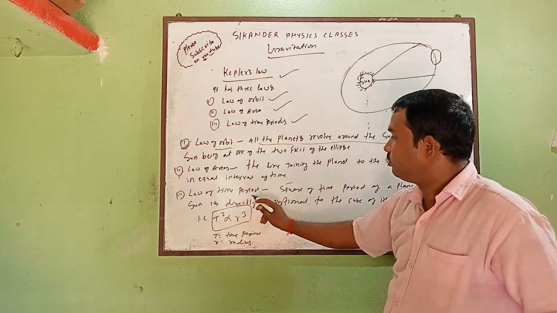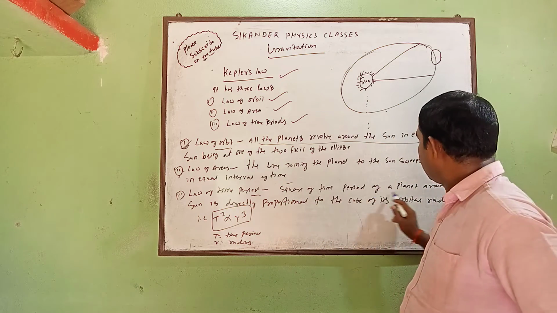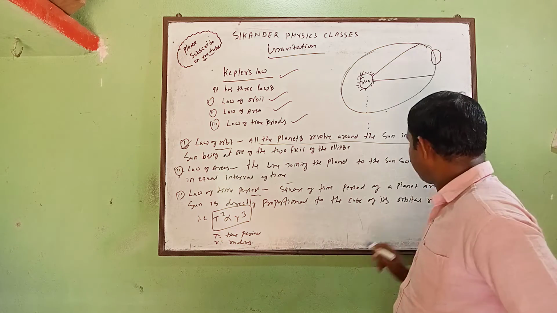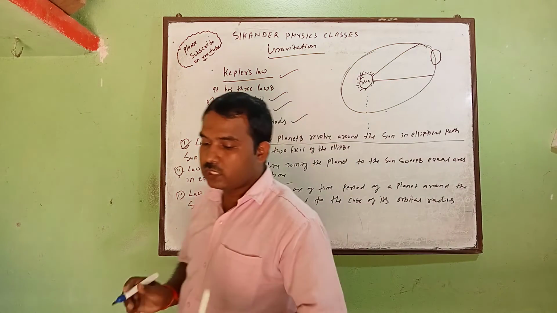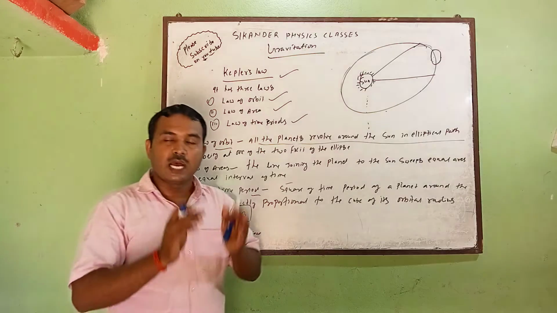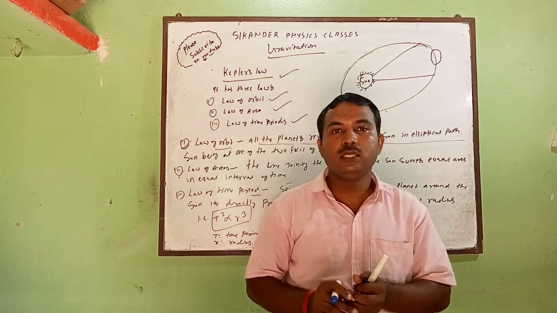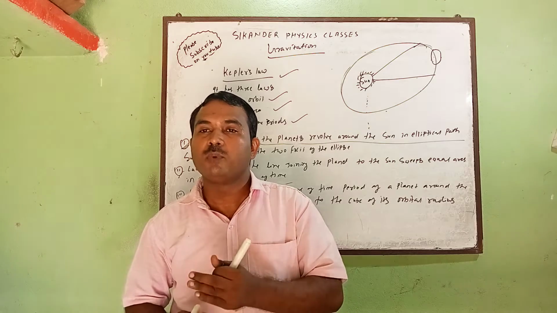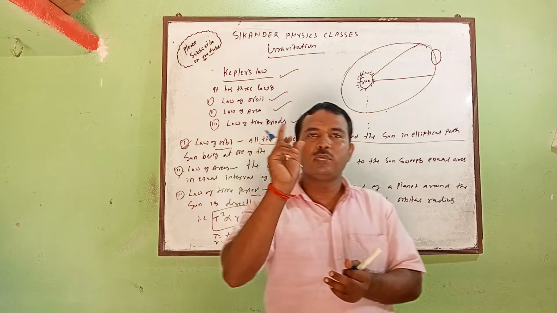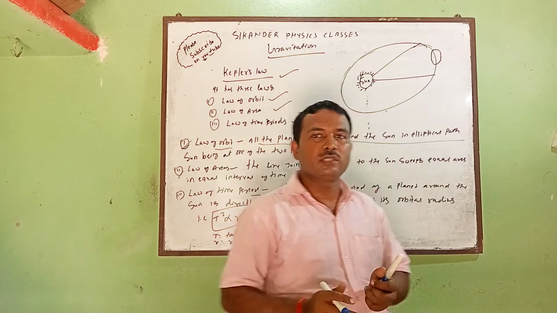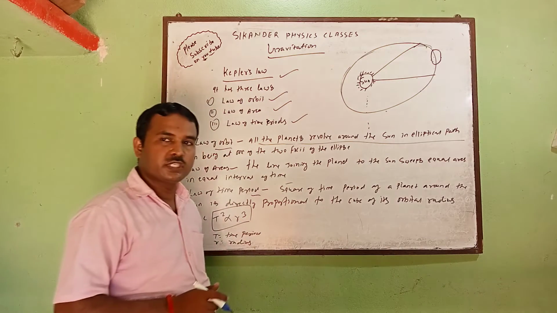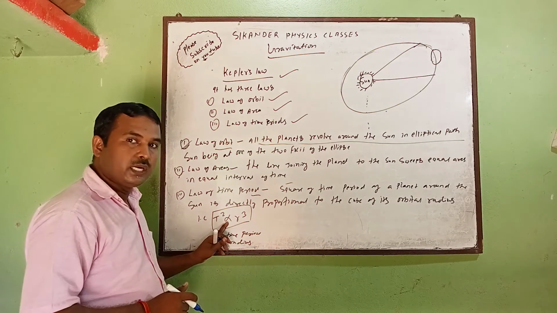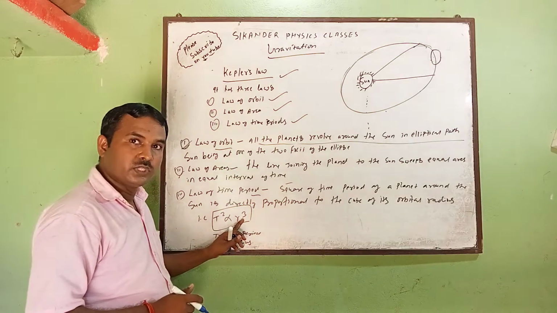Another is the law of time periods: the square of the time period of a planet around the Sun is directly proportional to the cube of its radius. It means suppose r is the radius of any planet and T is the time period. Definitely, whenever it moves in elliptical paths, according to this statement, the square of the time period is directly proportional to the cube of the radius.